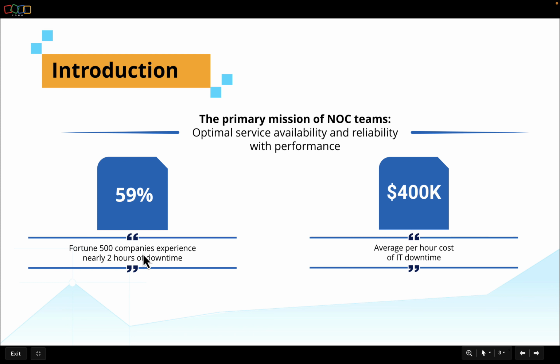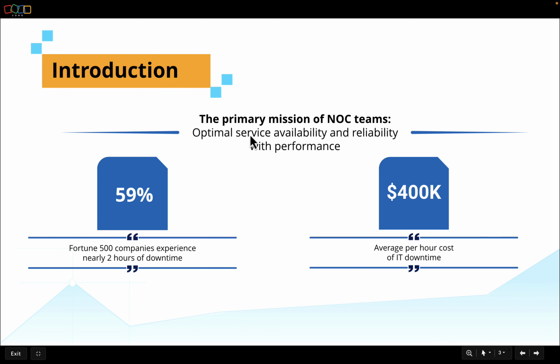This statistic rings alarm bells for enterprises worldwide, especially when considering the mind-numbing cost of IT downtime, which is estimated to exceed $400,000 per hour across sectors.